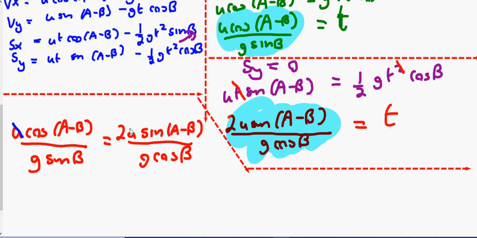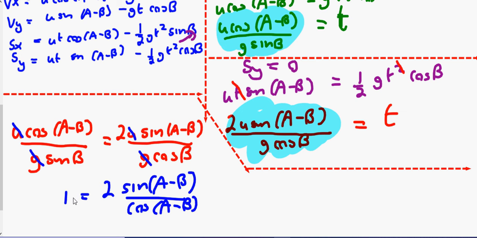Get rid of that, get rid of that, get rid of that, get rid of that. Where am I going to move the cos(a minus b)? Anybody? It's multiplication on the left, which will make it division on the right, the first part.